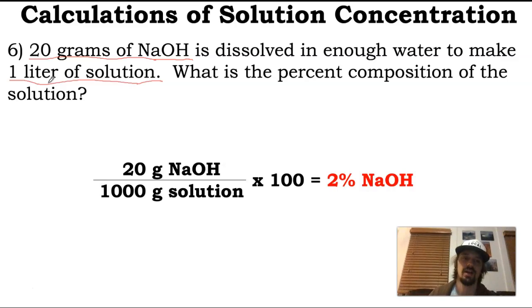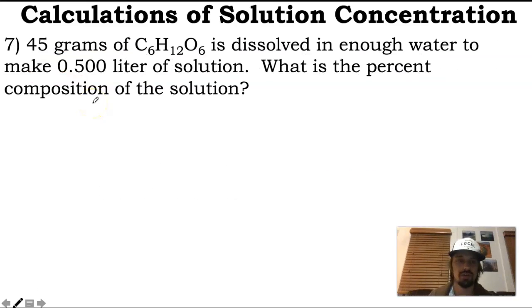I think we're going to do one more in this section. 45 grams of sugar, C6H12O6, is dissolved in water to make a 0.5 liter solution. What is the percent composition? Again, my mass of solute, 45 grams, divided by my mass of solution.